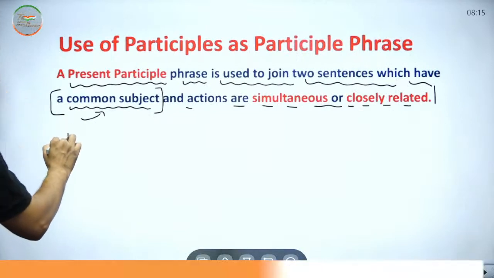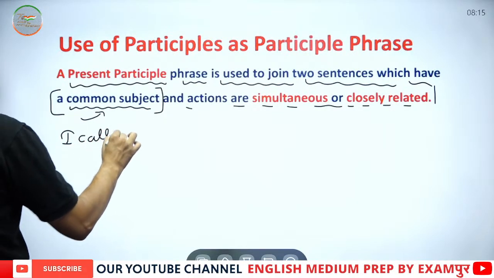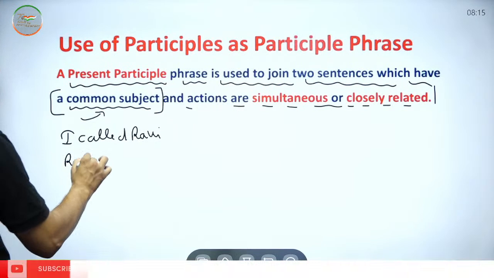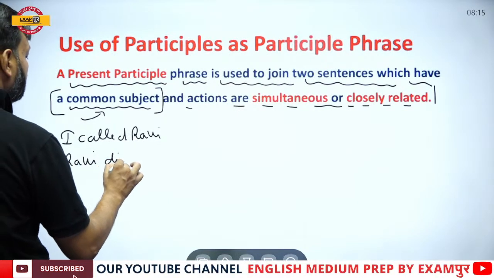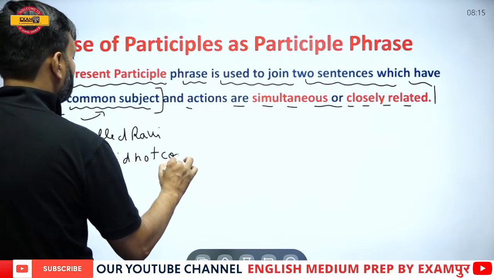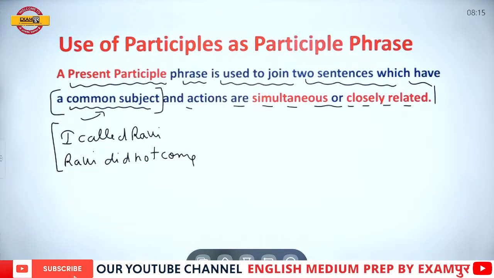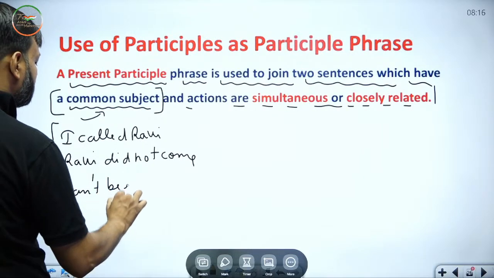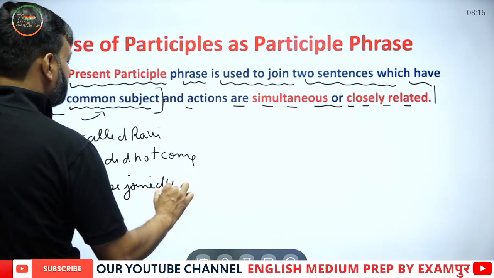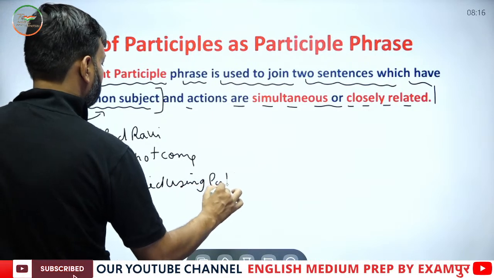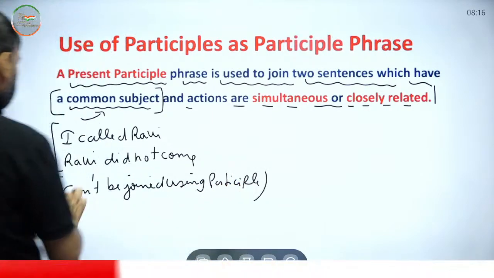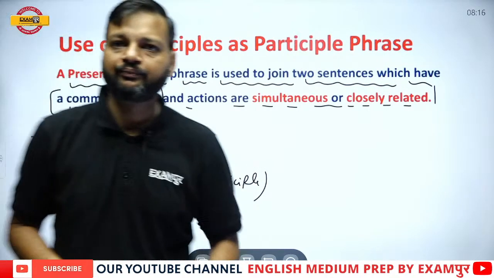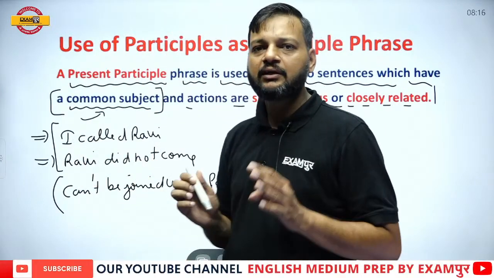If we have two sentences, I called Ravi, Ravi did not come, these can't be joined using a participle.